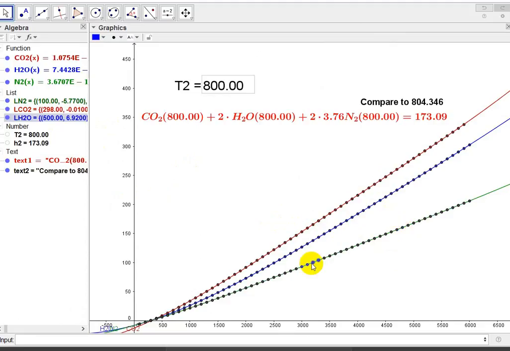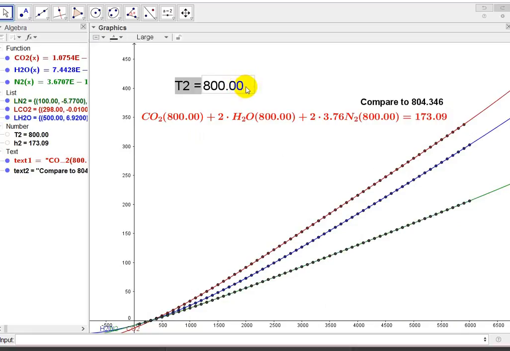Now, I fit the line to it in the range of 298.15 degrees K all the way out to 6,000, only because I had data all the way out to 6,000. At this point, I don't anticipate needing anything much above 2,500 or so. So I'm going to start then with a temperature of 800 degrees, and I'm going to start changing it.